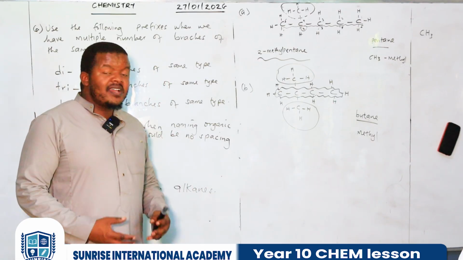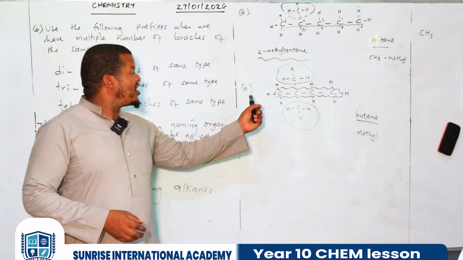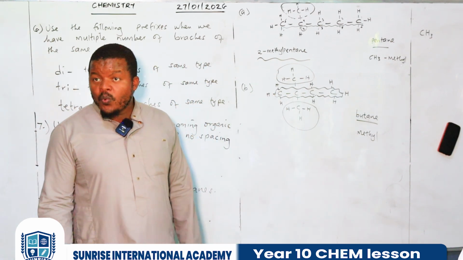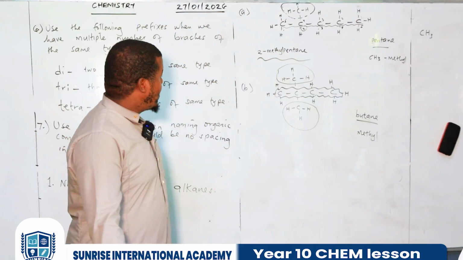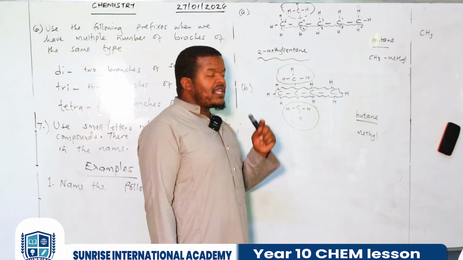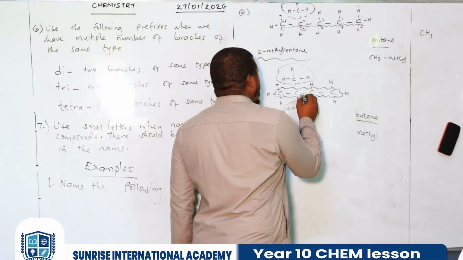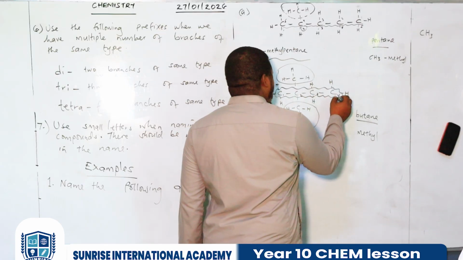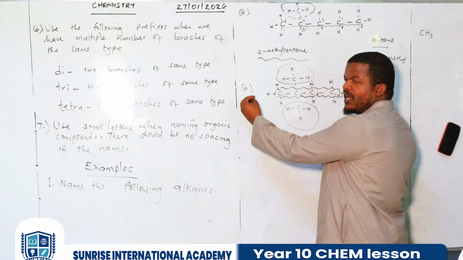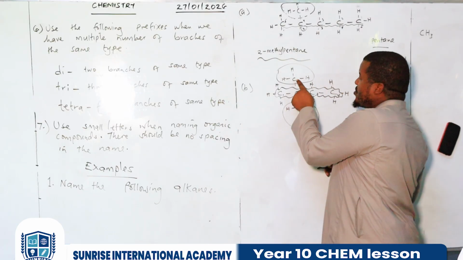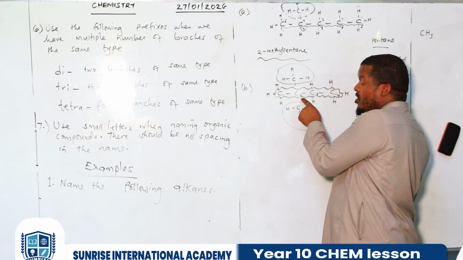Next, let's number our longest continuous carbon chain. Where are we going to number it from? Let's number it from the left and see what happens. 1, 2, 3, 4. If we number it from the left-hand side, the branches will be at carbon 2.